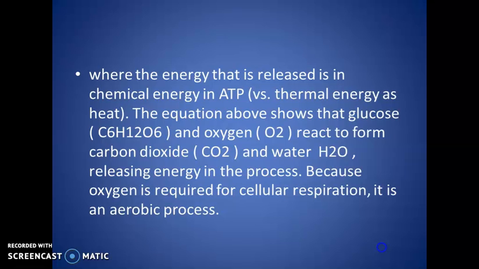The energy that is released is in the form of chemical energy as ATP and thermal energy as heat. The equation shows that glucose and oxygen react to form carbon dioxide and water, and energy is released. Because oxygen is required for cellular respiration, it is an aerobic process.